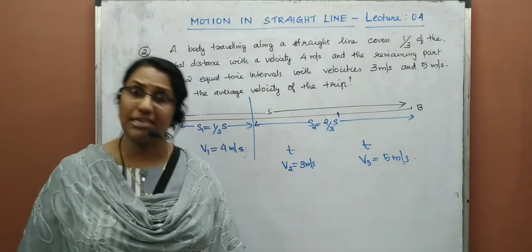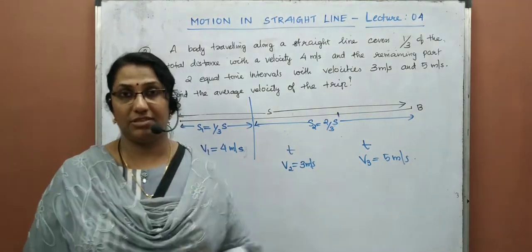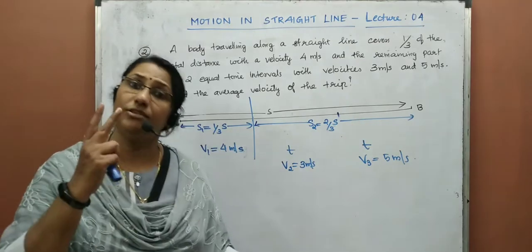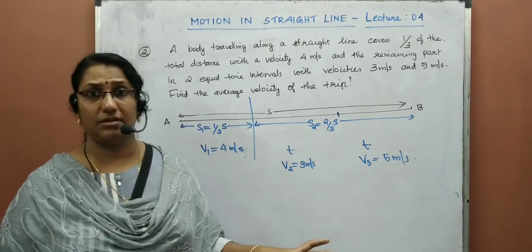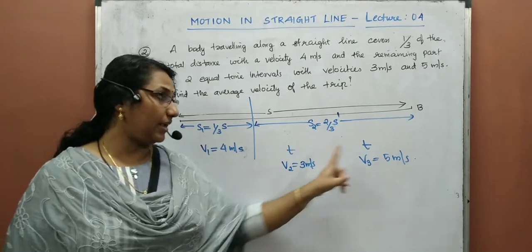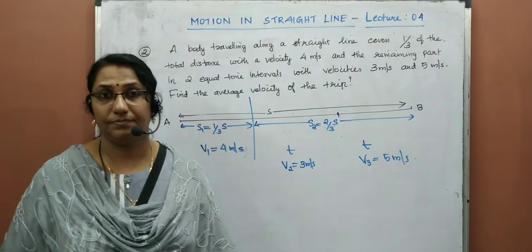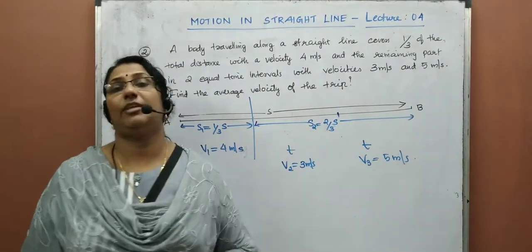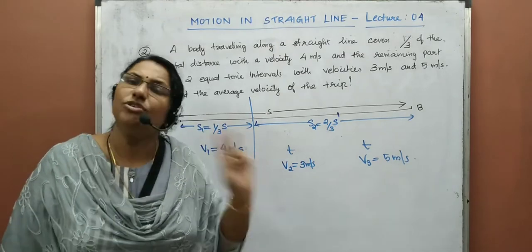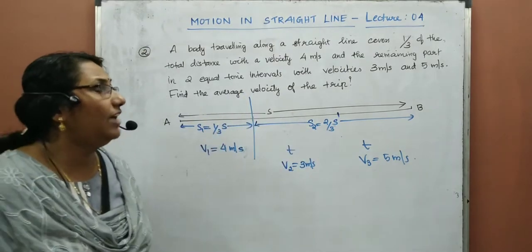If it takes 100 seconds, the first 50 seconds, the remaining 50 seconds. The remaining part is travelled in 2 equal time intervals with the speed 3 meters per second and the remaining time 5 meters per second. What is the average speed? Pause the video. Try to do it by yourself. Okay, I will wait here.